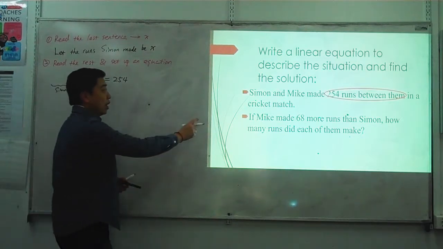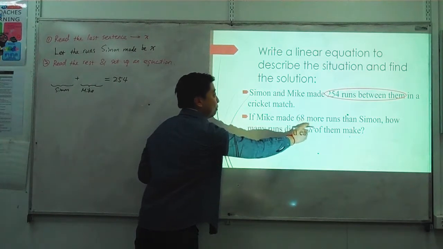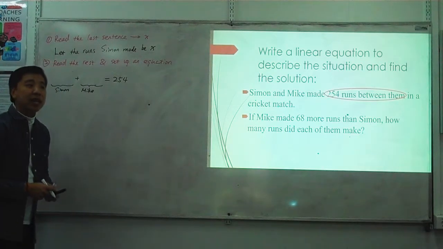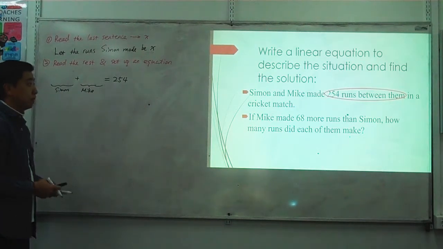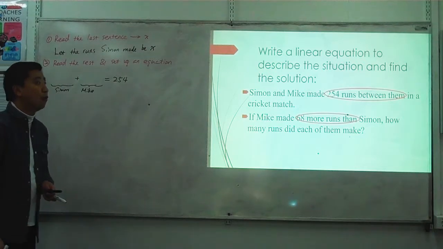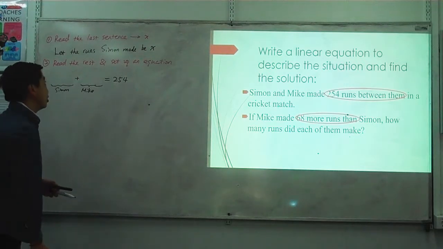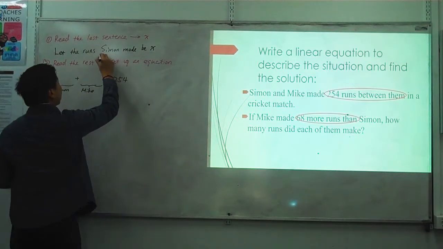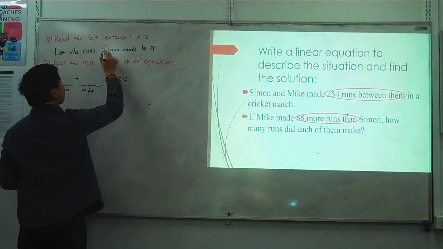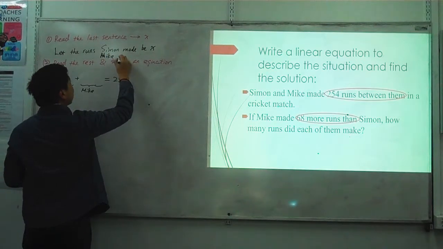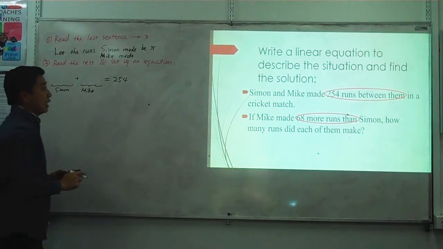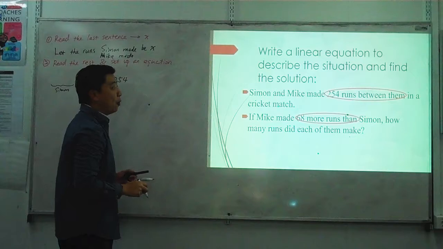Okay, go on. If Mike made 68 more runs than Simon, can anybody tell me what the key words are in this sentence? Good. 68 more runs than Simon, which means Mike made 68 more than Simon.